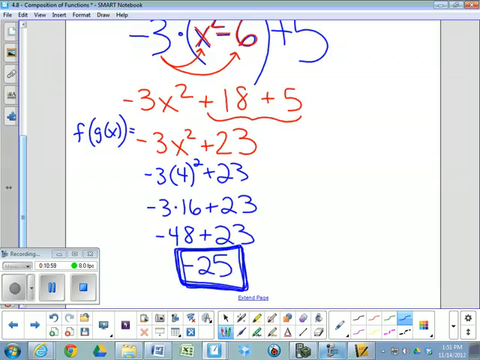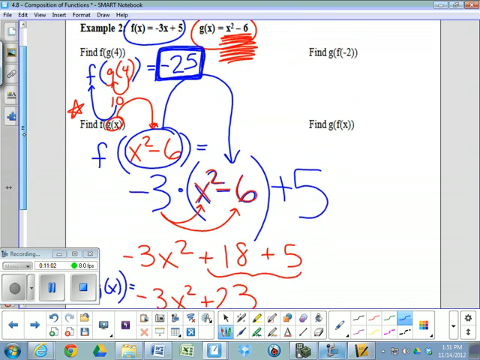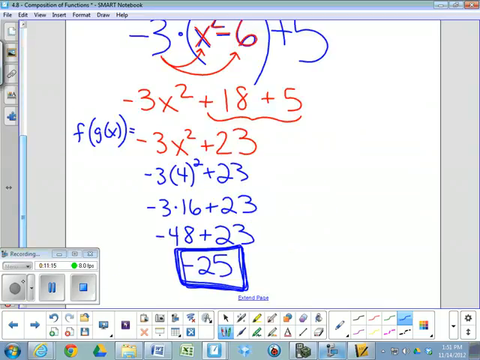What's similar? It's the same number. Up here, they're telling you, take 4, put it into G and get an answer. Take that answer and put it into F and get a final answer. Down here, we just put it into our machine within a machine, and we got the same answer.